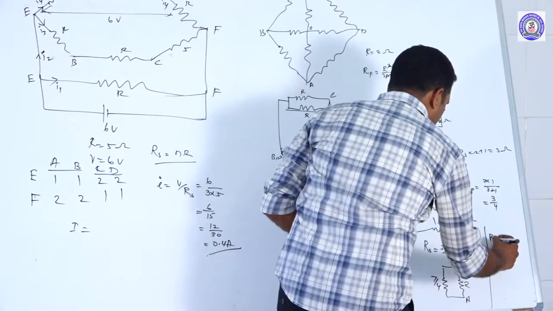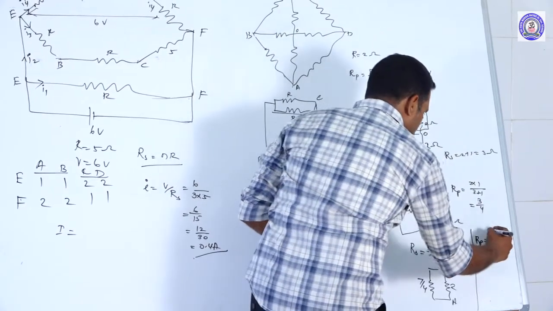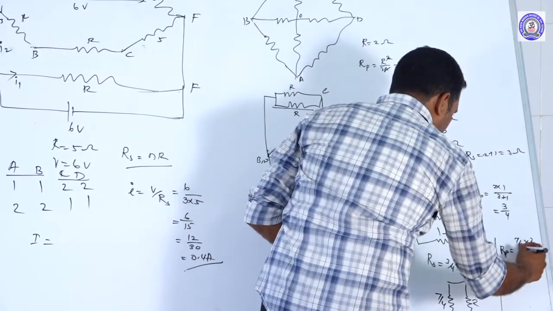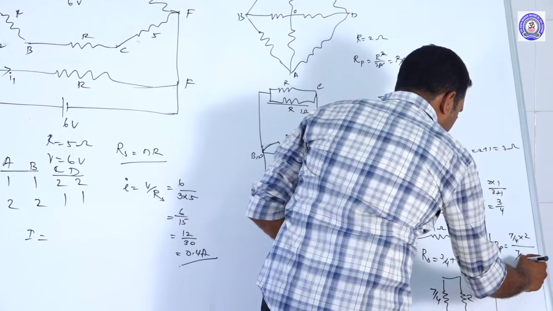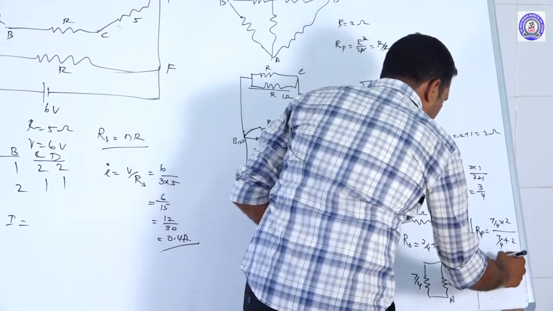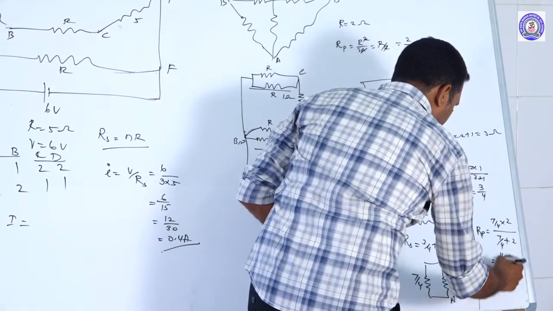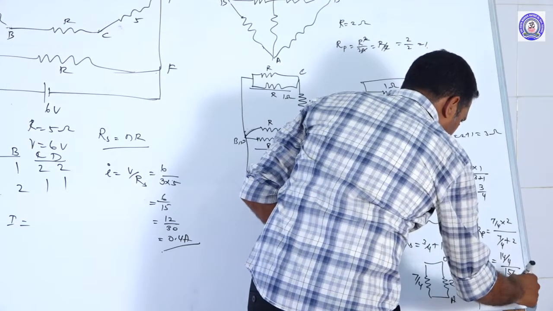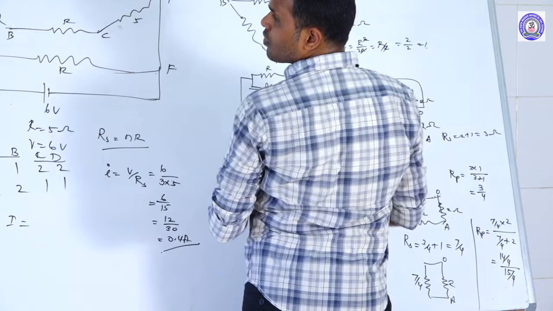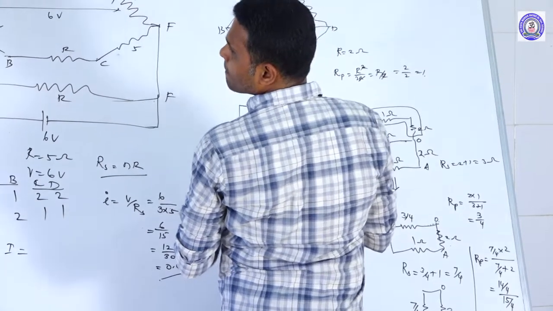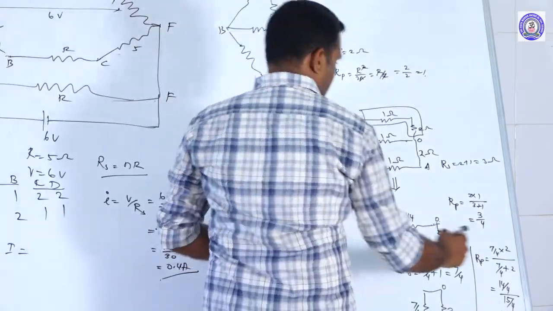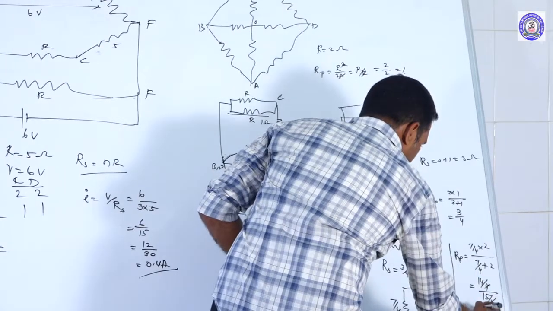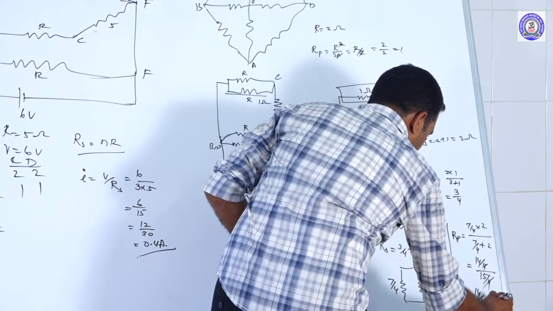So I can write Rp equals 7 by 4 into 2 divided by 7 by 4 plus 2. So 14 by 4 divided by 15 divided by 4. Can cancel this. I will get 14 divided by 15.